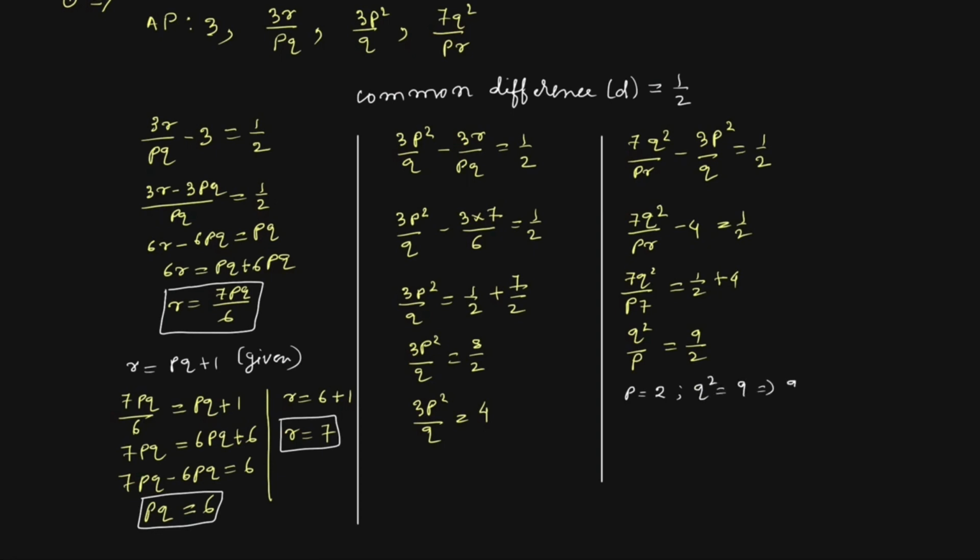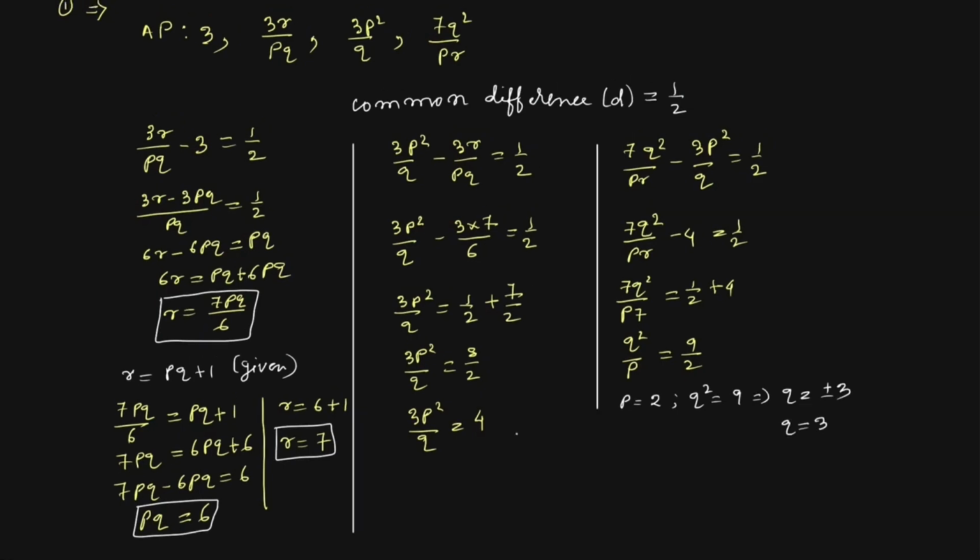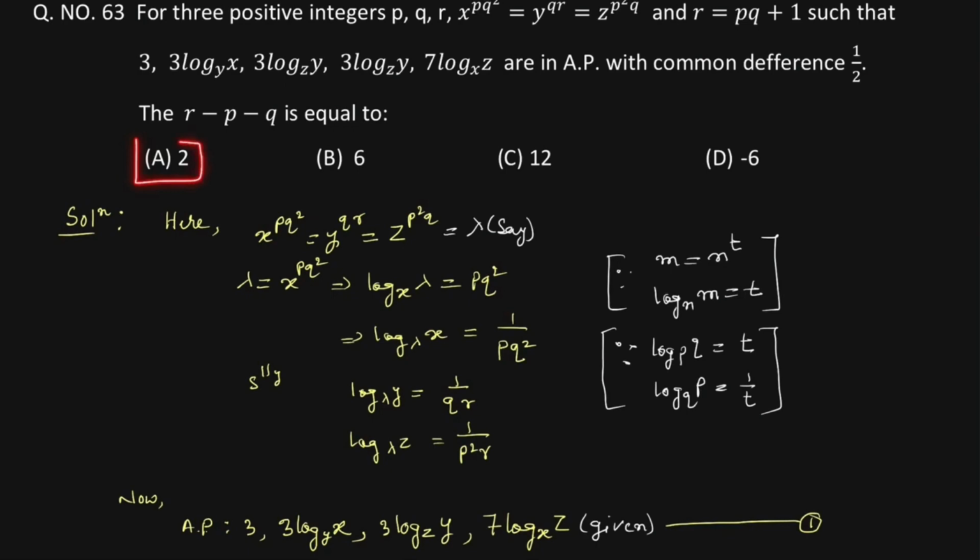This implies that q we are able to take plus minus 3. So we will take q equal to 3 because it's given that q is a positive integer. Therefore r minus p minus q, where r is 7, p is 2 and q is 3, we will get 2. So 2 is our answer. Option number A is our correct option.